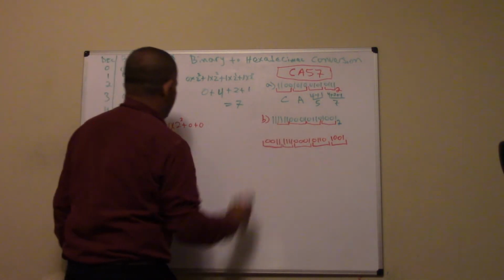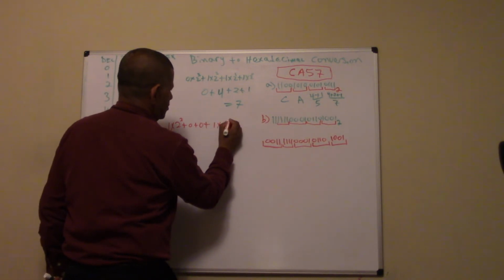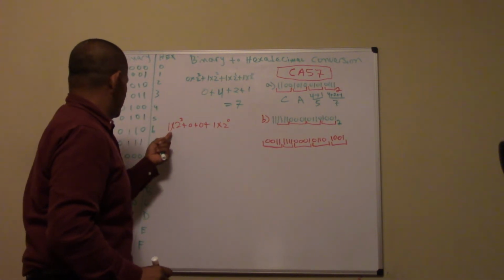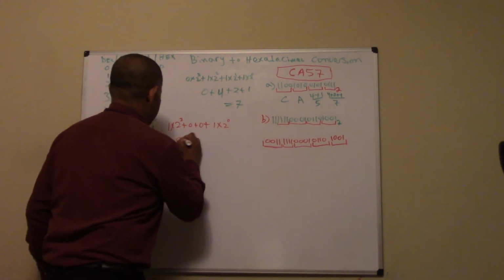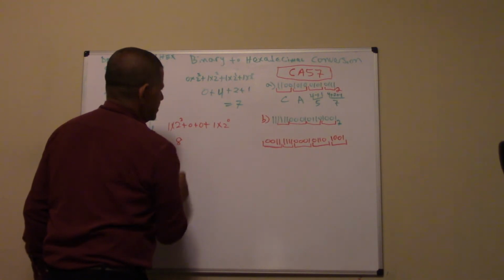I don't care about the zeros. Plus 1 times 2 to the 0 power, right? So this is 8, right? This is 8.